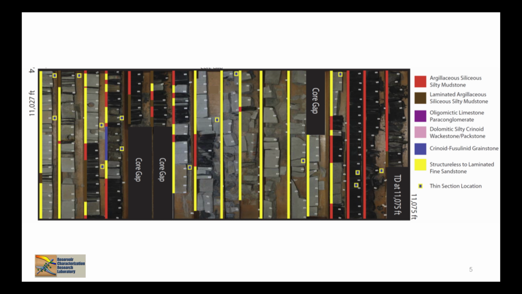Then we get some little muddy interval, a core gap, more muddy interval with some thin layers of lighter colors, which are most probably thin sandy turbidites. Then a tan bed highlighted by the blue color here, that's going to be one of our carbonate beds, and then back to more massive turbidite at the top. So we'll walk through this core in the next 10 minutes or so.